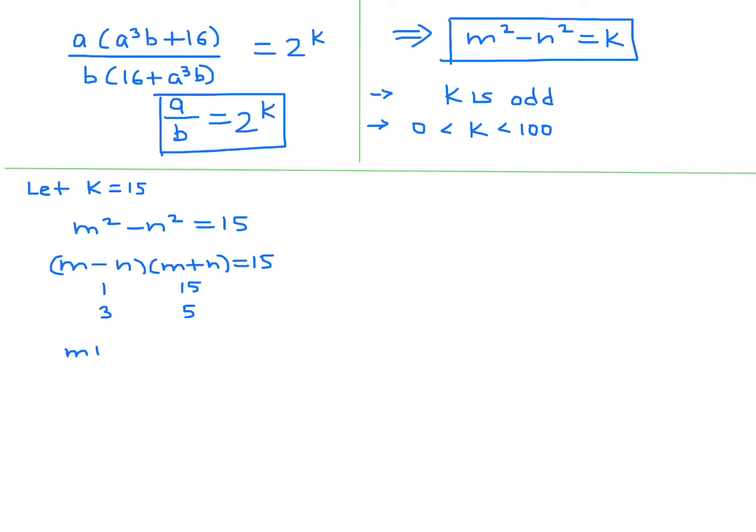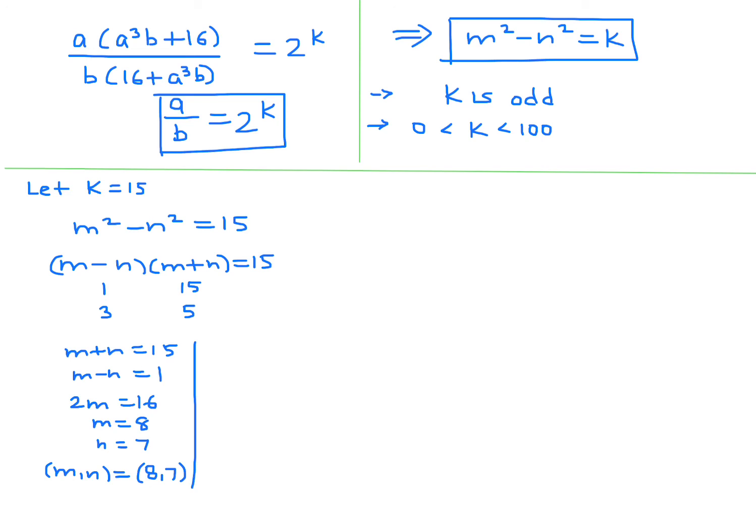Let's try both. m plus n is 15. m minus n is equal to 1. If I add these two, I get 2m is equal to 16. m is equal to 8. And therefore n, if I substitute that back into here, would be 7. All right, great. So I got one solution for m, n: 8, 7. That was using these numbers. Now let's see what happens with those numbers.